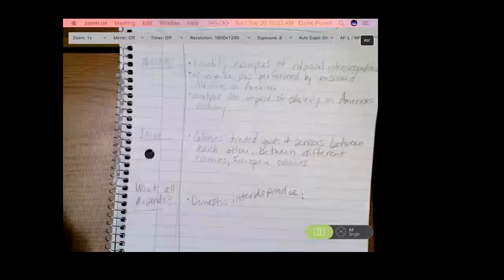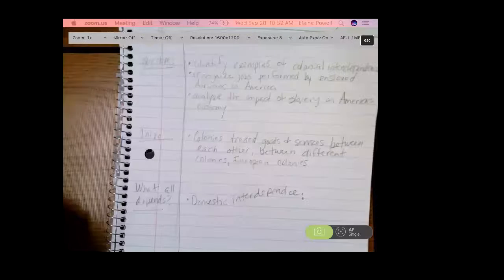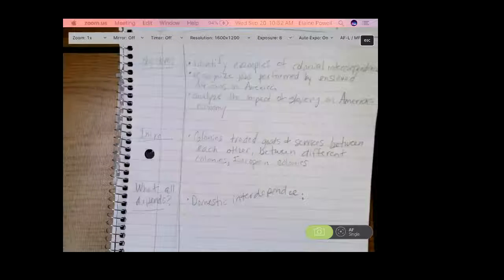Now if I hover over it, it says reliance within a community or nation for products or services, right? So we can say that they're relying on each other within a community. That's important, within a community. Domestic means it's within your space, like your household. A lot of times people say domestic when they're referring to your household, something that happens just in your house.